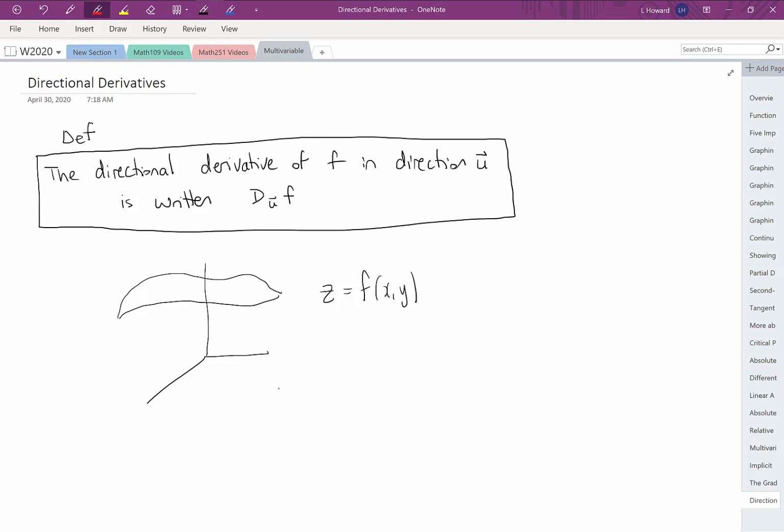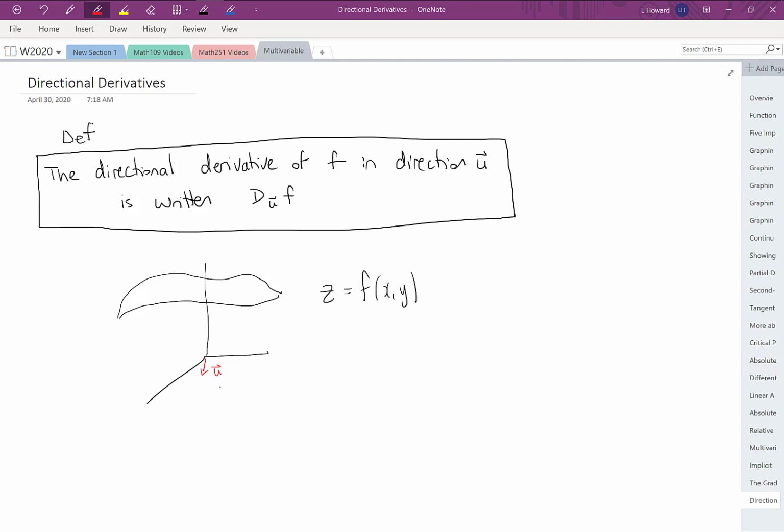And then we're going to specify a direction. Let's say vector u looks like that. It could be a direction in the xy plane, whereas we'll see some other examples where it could be a direction in space as well, depending on the context. But let's just say here it's a direction in the xy plane.